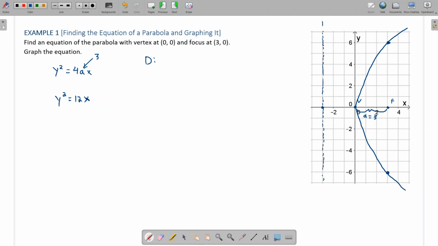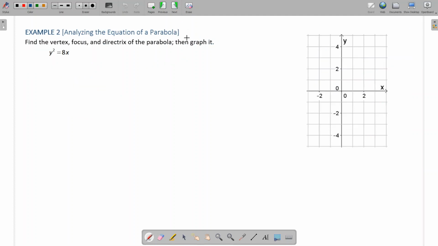And that would be our directrix D. So D is the equation x = -3. Remember, the definition of the parabola is that every single point on this curve should be the same distance away from F as it is from D. Let's move on to our next one.